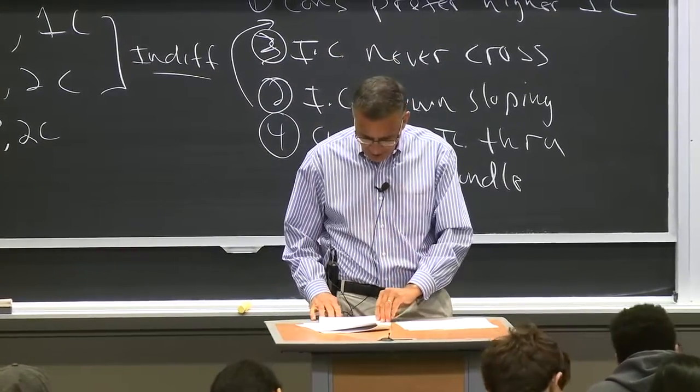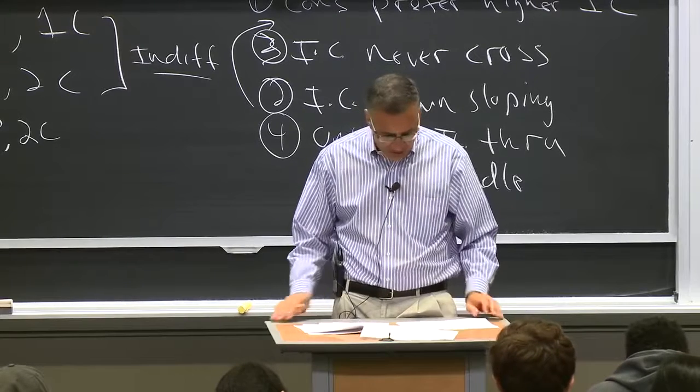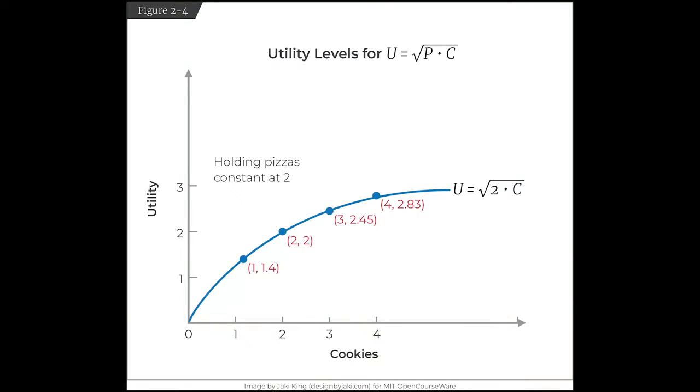Okay? Now we can see that graphically in figure 2.4. Figure 2.4 graphs on the x-axis the number of cookies holding constant pizza. So let's say you're having 2 pizza slices, and you want to say, what's my benefit from the next cookie? And on the left axis, violating what I just said like 15 seconds ago, we graph utility.